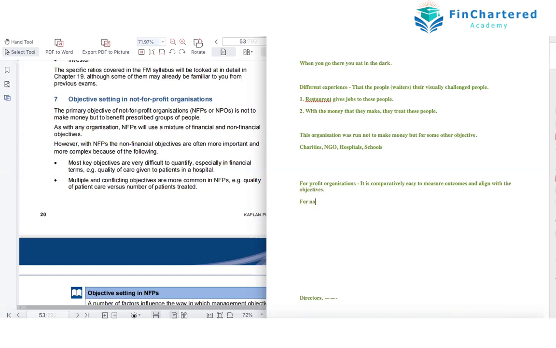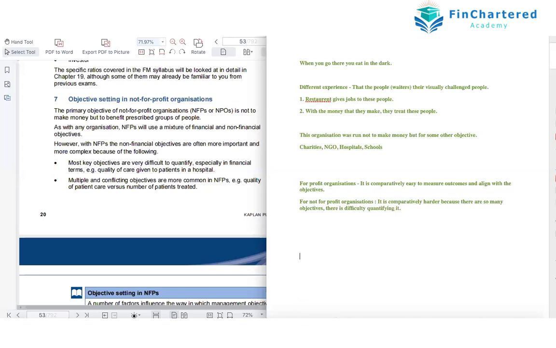But for not-for-profit organizations, it is comparatively harder. You're not understanding? Because there are so many different objectives, and it's not easy to quantify. There is no set number. Difficulty in quantifying it.